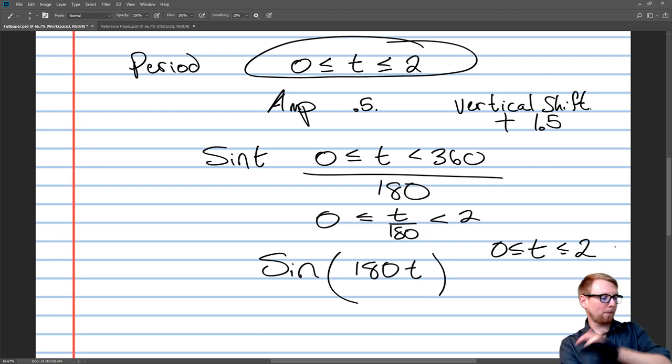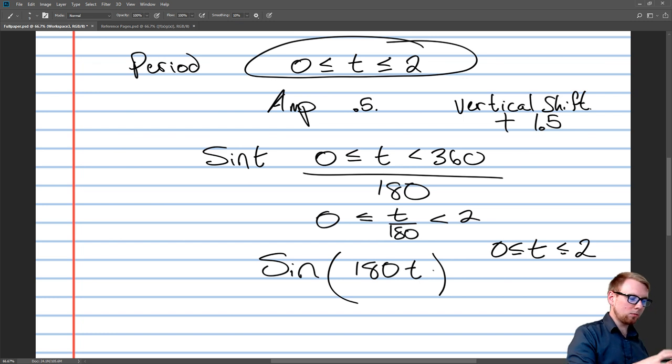So how do I want to say this so that it'll make sense? Because what we're going to do is graph the function.